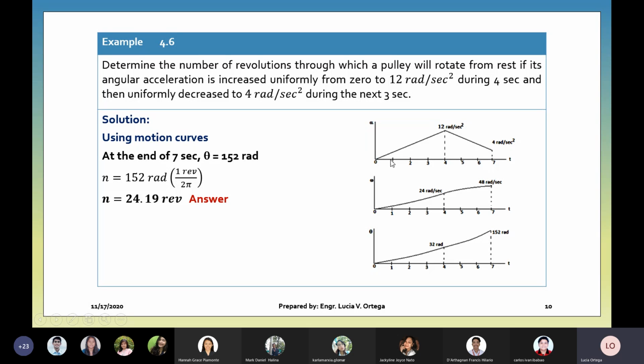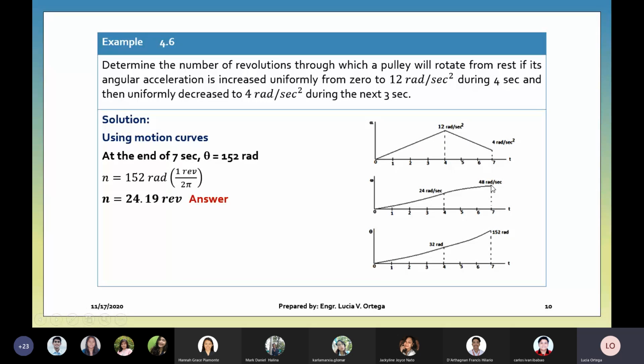We just solve for the area, 1/2 of 4 times 12. That is 24 radians per second. Then plus this positive area also: the rectangle, 4 times 3 is 12, and then 12 minus 4 is 8, so 1/2 of 8 times 3 is 12, plus another 12, so we add 24 to this value.